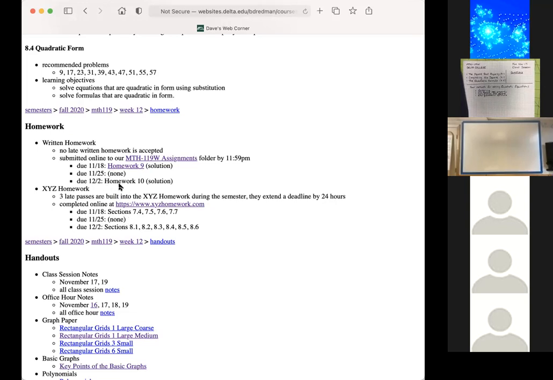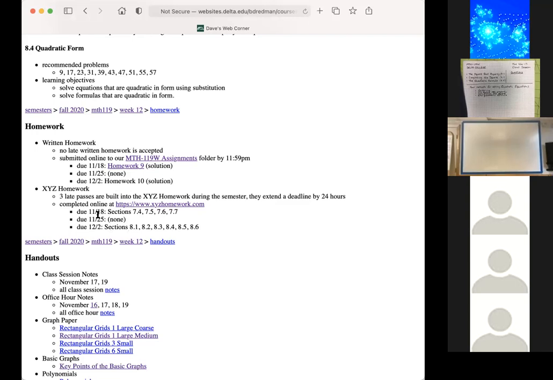And your next written homework is homework number 10, which I'll turn on tomorrow. And these sections 8.1 through 8.6 in the XYZ homework. Now notice that that's 6 sections in your XYZ homework, and you're used to doing 3 or 4 per week. This week we're covering sections 8.1 through 8.4, and next week we'll cover sections 8.5 and 8.6.